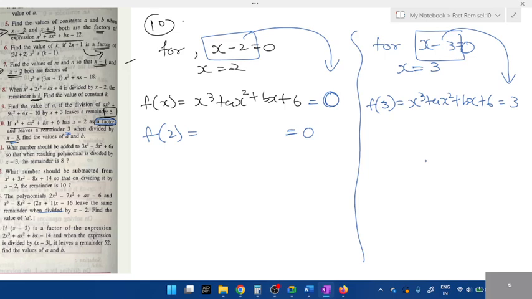Check the answer, students. Whoever has done, check what is A and B value. So it's a simple concept. The formula is write the equation is equal to R. If it's a factor, take remainder 0.